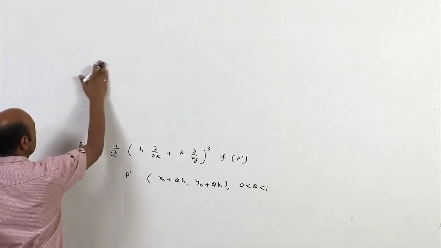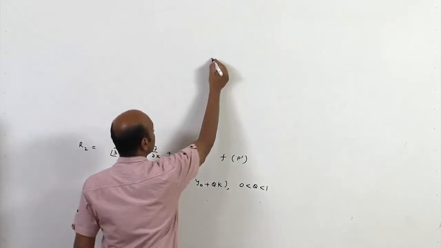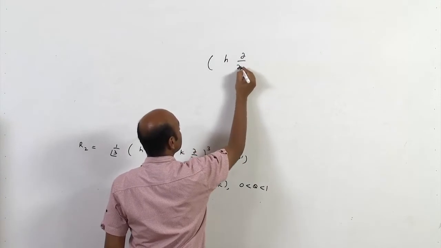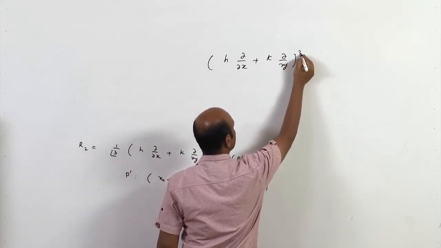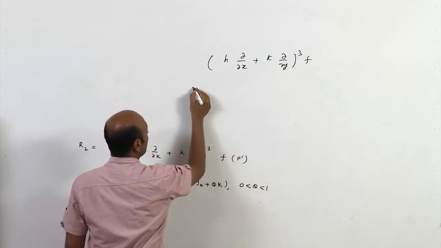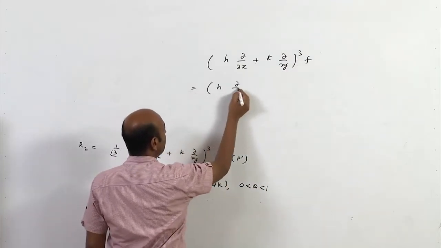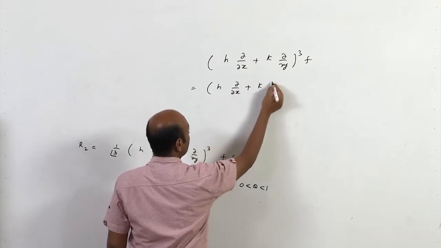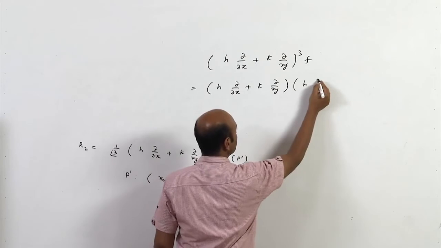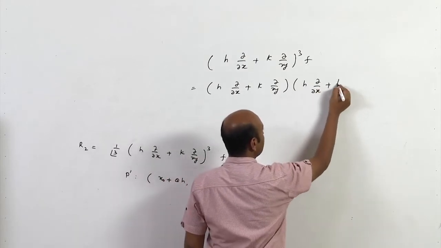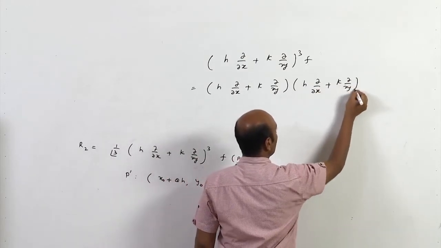Let us see. First, you will find (h del by del x plus k del by del y) whole cube applied to f. So, it is (h del by del x plus k del by del y) into (h del by del x plus k del by del y) whole square f.